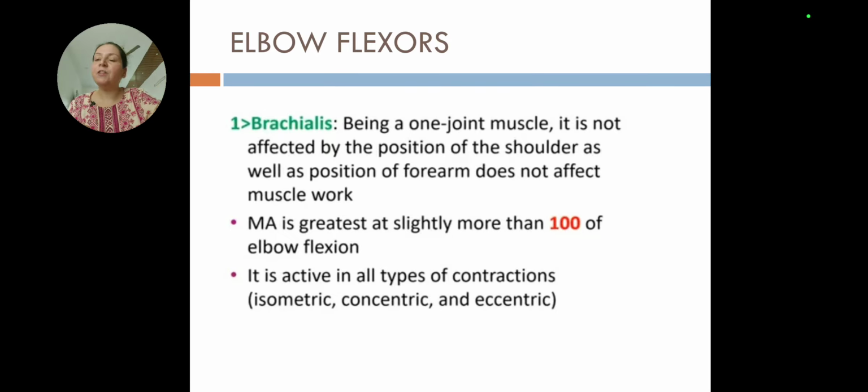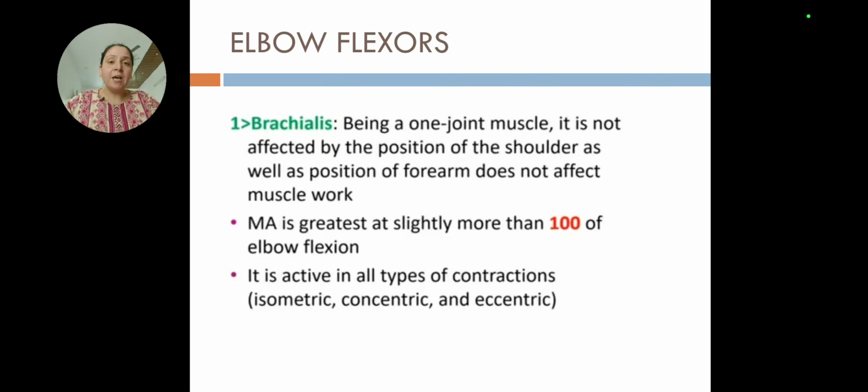For example, we start with the brachialis muscle. It is a one joint muscle and it arises from the anterior surface of the humerus, and it gets inserted just near the elbow joint. So you can see it is only a one joint muscle. It is not a 2 joint muscle, and it is therefore not affected by forearm position or shoulder position.